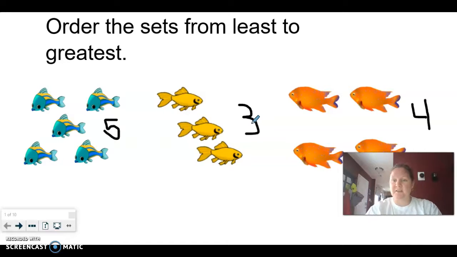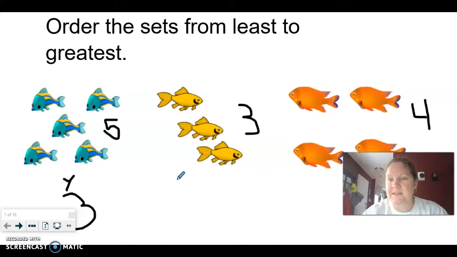Which has the smallest amount, the least? Good. The yellow fish. So this, I'm going to put down here, I'm going to put a 3. So first would be the 3. Sorry guys. I'm trying to write on my computer. The yellow fish. I'm just going to write a Y for yellow. Okay, first comes the yellow.